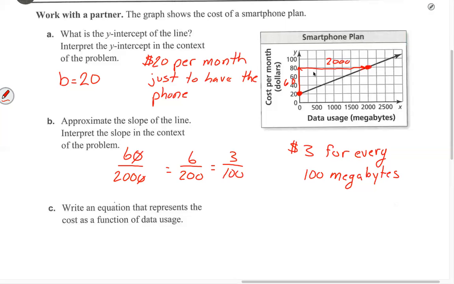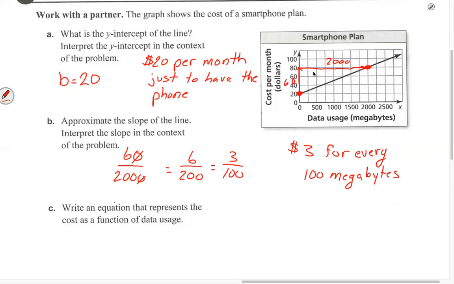So that means here we'd have to multiply this by 10. So to put it in our context, that would be $30 per gig, which is not too good.